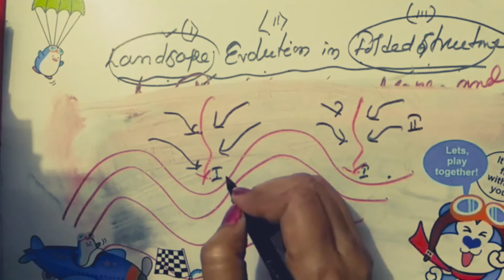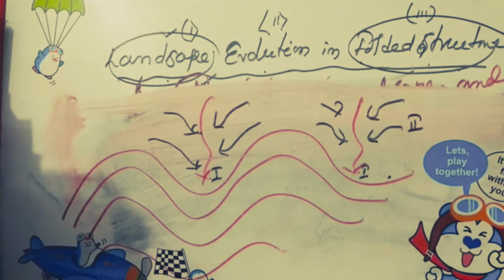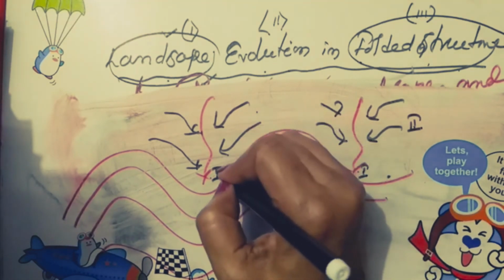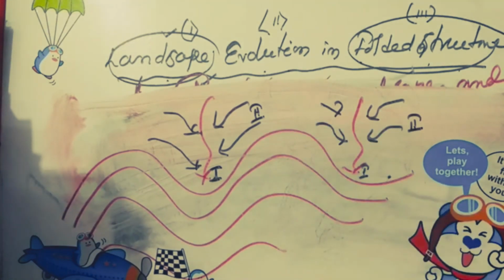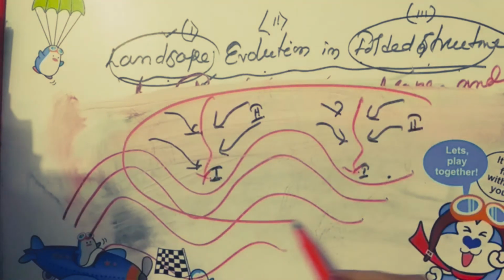The first order stream is called consequent and the second order stream is called subsequent. A series of river systems developed within the folded region.